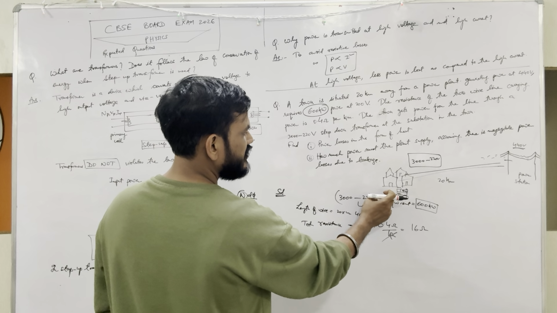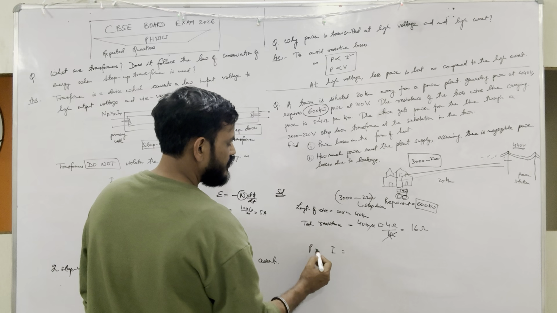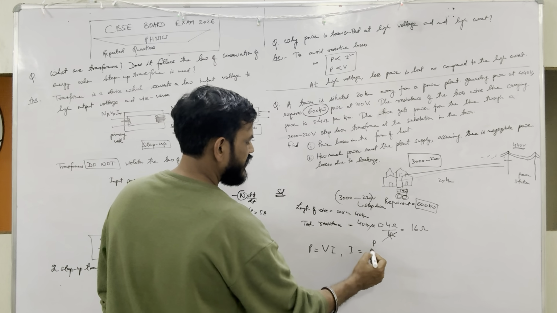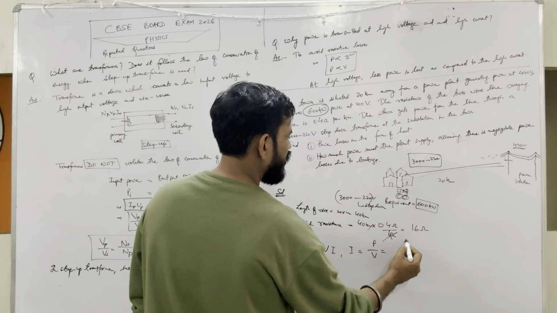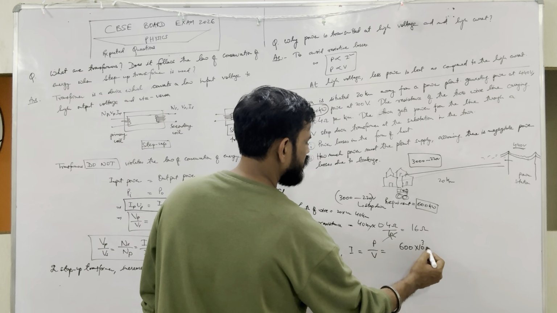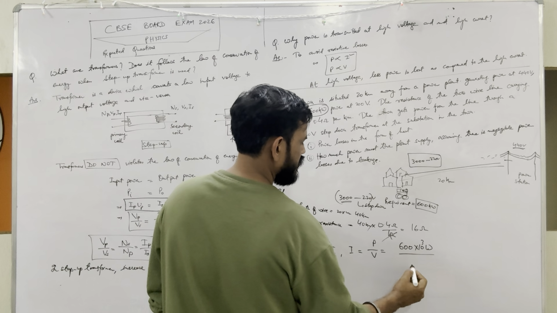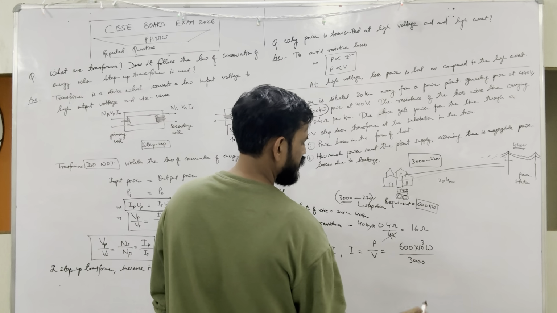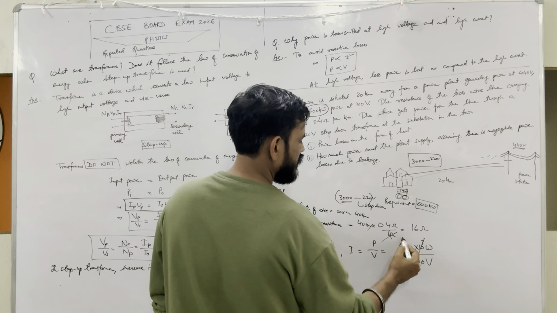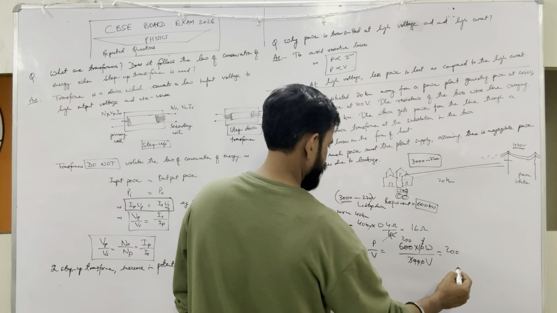P equal to VI, so I will be P by V. The power required is 600 kilowatt, and the potential is 3000 volt. If you solve it, it is 200 ampere.